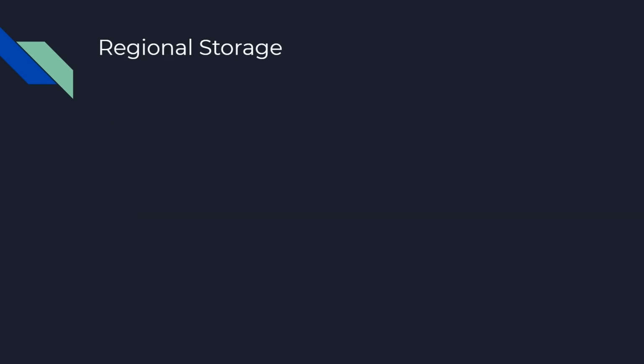Next, let's talk about regional storage. Regional storage is good for access by your system, but not necessarily by your customers, unless you have customers that are limited to a specific region. However, this is a very specific use case and not usually one of the ones you're going to be considering. So this makes it really good for internal storage of items.